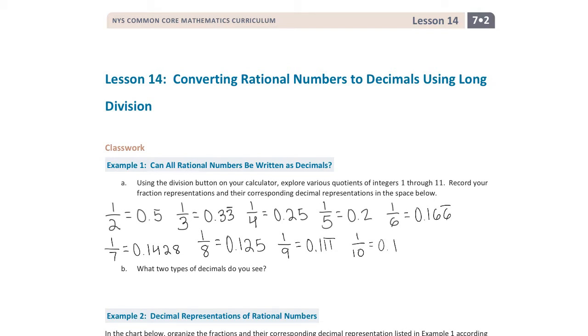And then finally, the last one, we have 1/11. So 1 divided by 11 typed into your calculator gives us 0.090909 repeating. When typing into your calculator, what two types of decimals do you see?